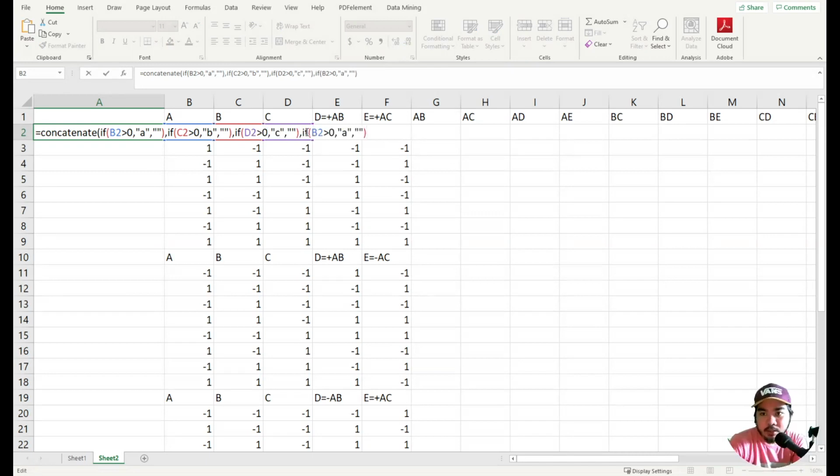And last, this is E. Tapos D naman. A, B, C, D. Tama. And last na, nasa E na tayo. Which is in the F column. So F2. And ito, gagawin natin E. Okay. And we can close that all para i-enclose natin yung concatenate function.